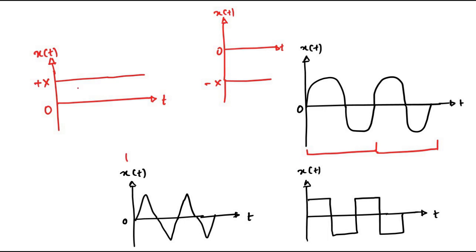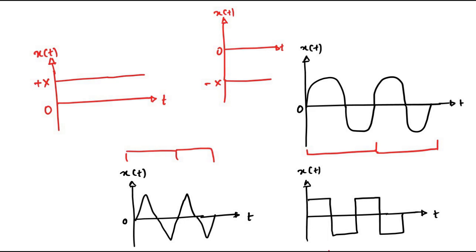Okay, a fixed pattern is repeated and the magnitude is changing continuously, and also it is going in both directions, in positive as well as negative. So these are the two important differences between these two signals.